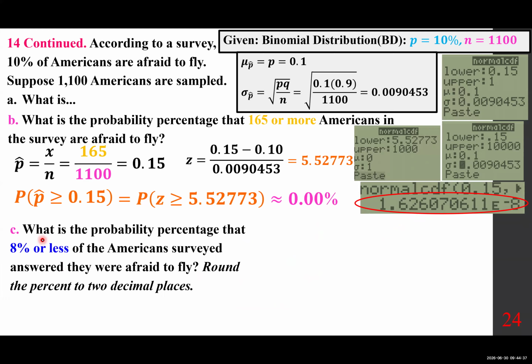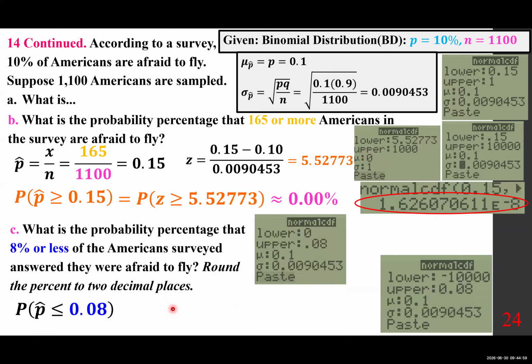What is the probability percentage that 8% or less of the Americans surveyed answered they were afraid to fly, rounded to 2 decimals? So having said that, we want the P of p hat less than 0.08. And we've already done a lot of calculations, so let's put it in. So less than 0.08, lower is 0.